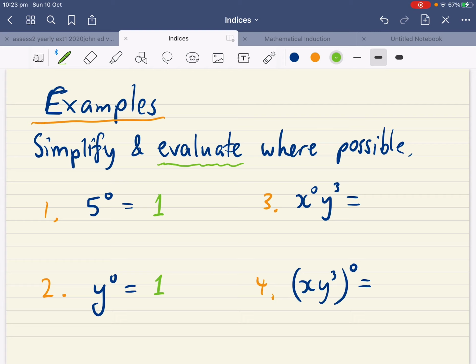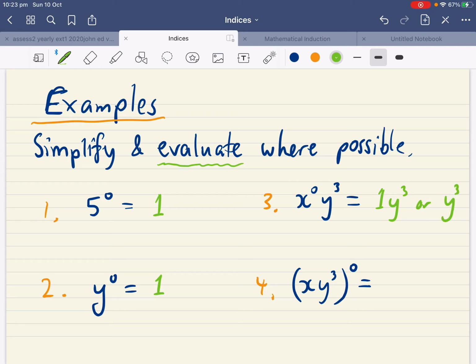Question 3. Notice the x is to the power of 0. So what will that x become? The x to the 0 will just become a 1. So that's a 1, and notice the y cubed is still there. So you could write this as 1y cubed, or you might remember if you've got a 1 in front, you don't actually need to write it at all.